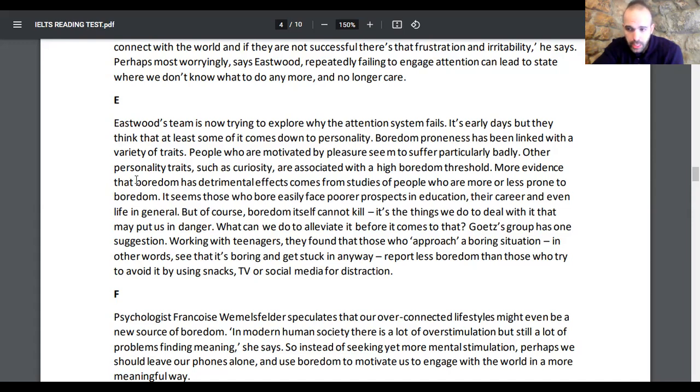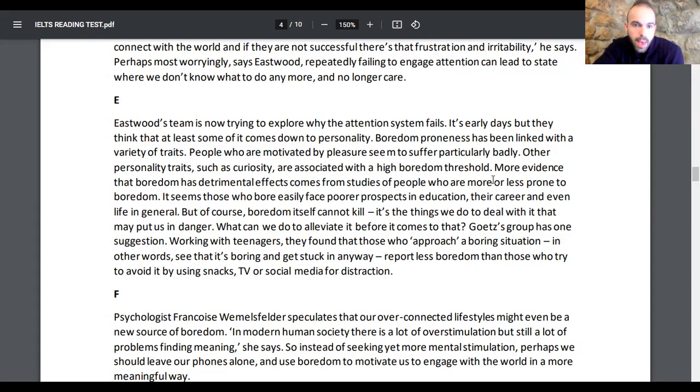So Eastwood's team think that boredom proneness has been linked with a variety of traits. People who are motivated by pleasure seem to suffer particularly badly. Okay, so as you continue, other personality traits, such as curiosity, are associated with a high boredom threshold.